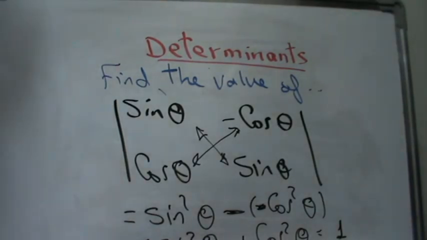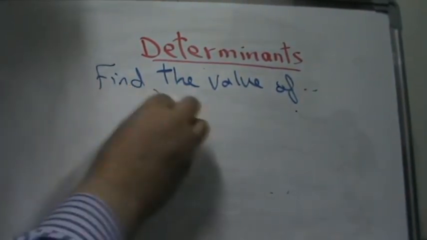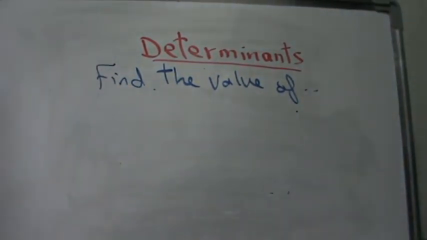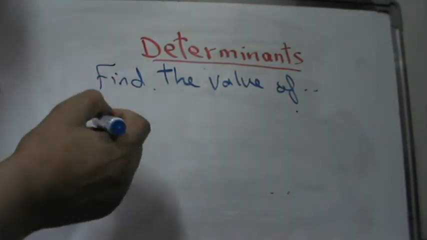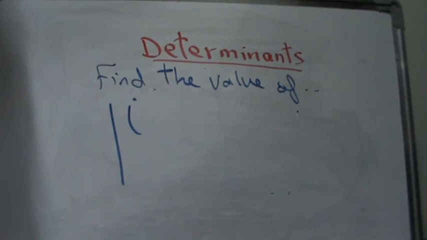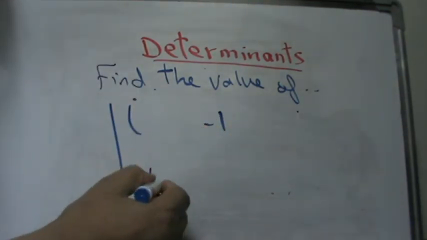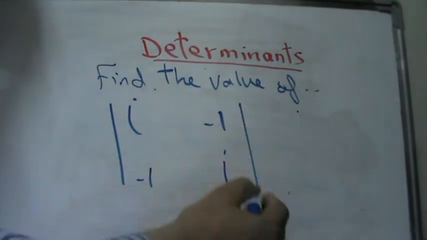Another example. Find the value of the determinant i, negative 1, and here negative 1 and i.